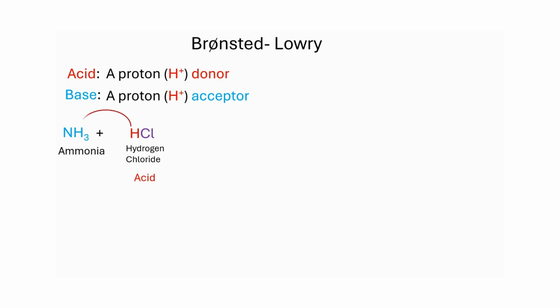So we see this proton is being transferred from HCl to NH3. So HCl is the proton donor, whereas NH3 is the base. Why? Because it accepts the proton. So proton acceptors. And as a result, we get NH4+, ammonium ion, plus chloride ion.